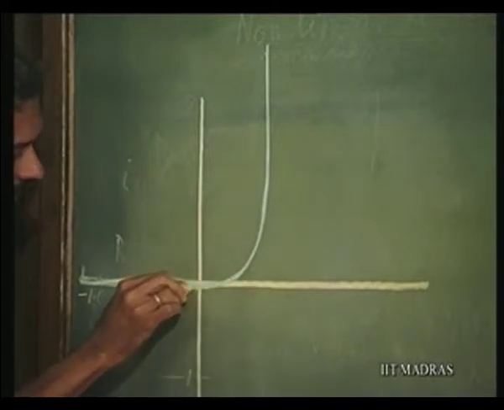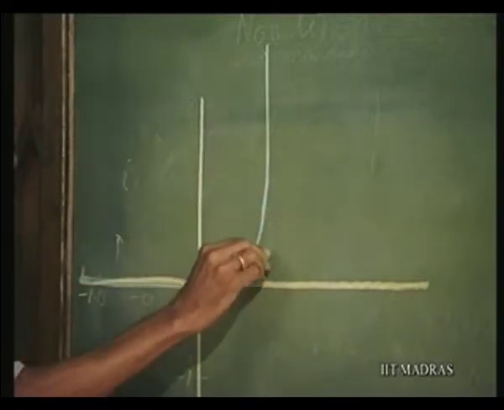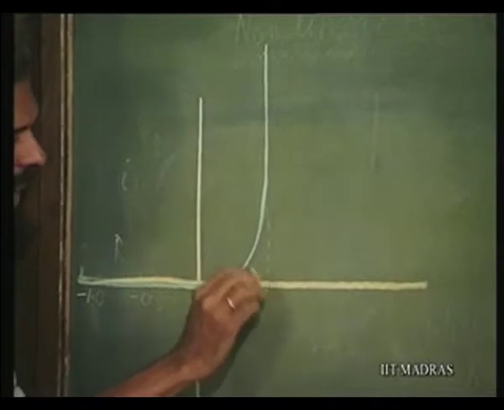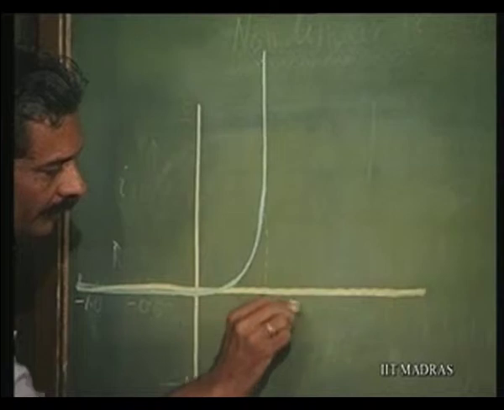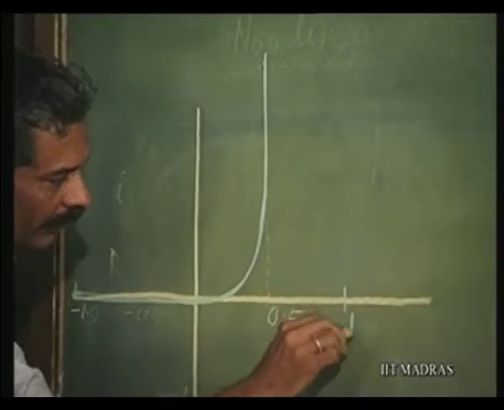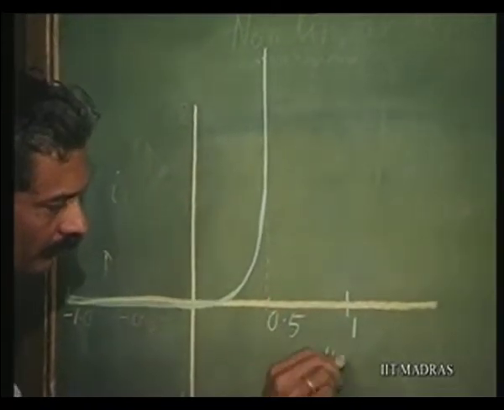This characteristic of the semiconductor diode is somewhere around, let us say, 0.5, 1 volt.